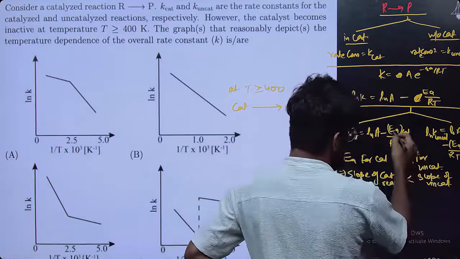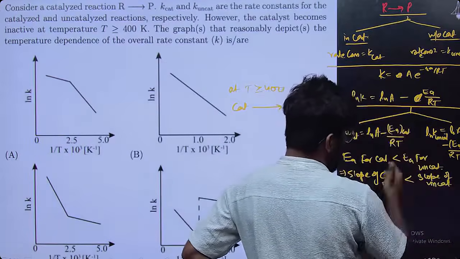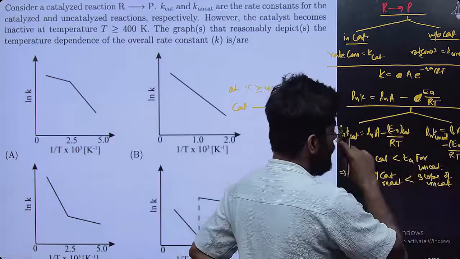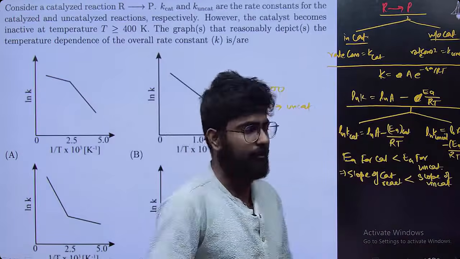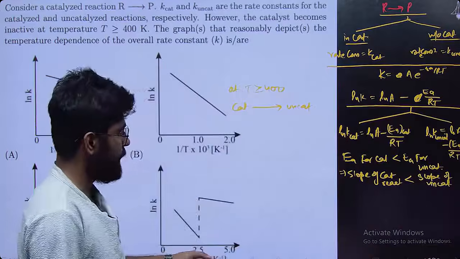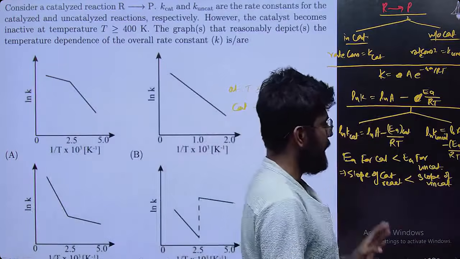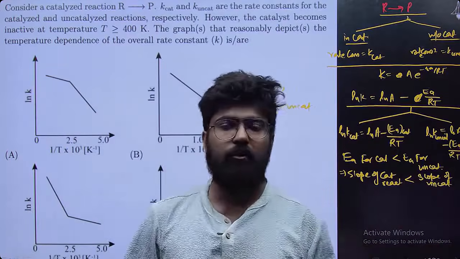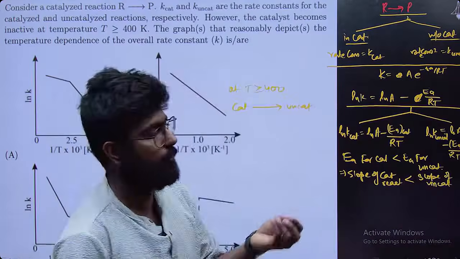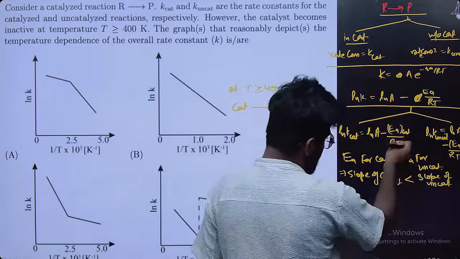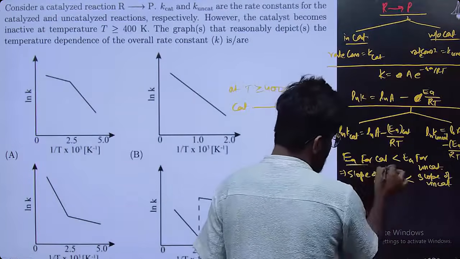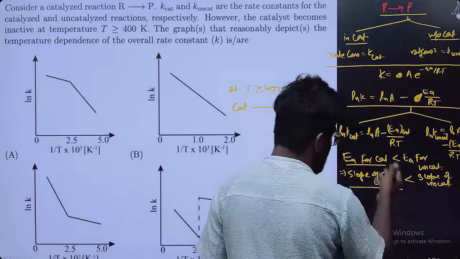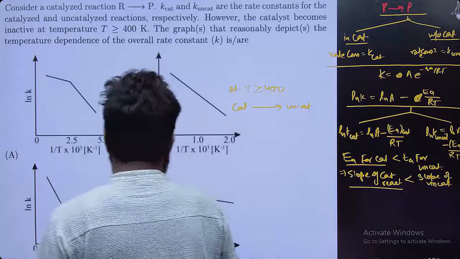Why? Because the slope is EA by R. R is constant, and T is the variable with which you are plotting the graph. So the main thing deciding the slope is EA. If the slope is lower, the EA will be lower, and vice versa. Since for the catalyst EA is lower, the slope of this graph will be lower.